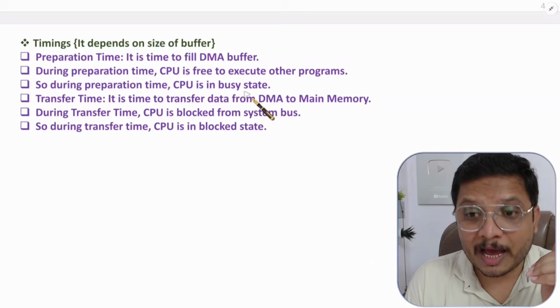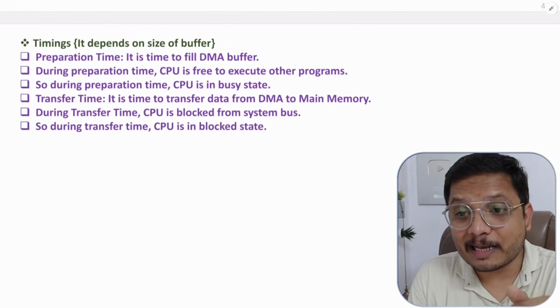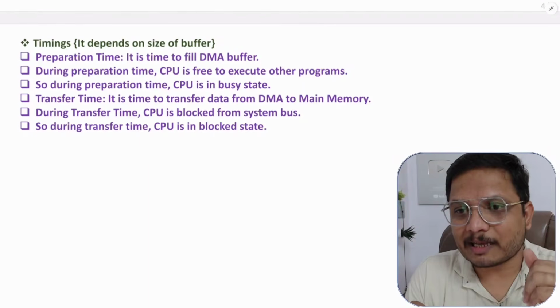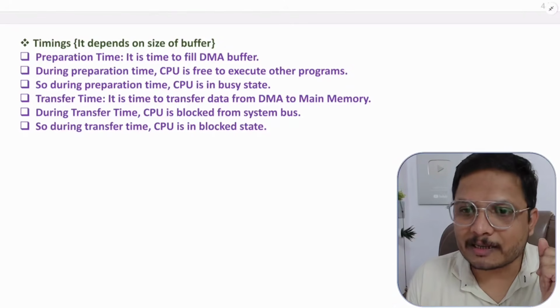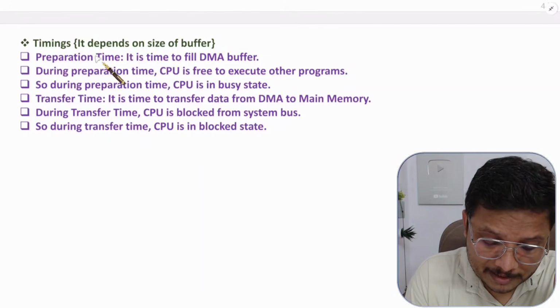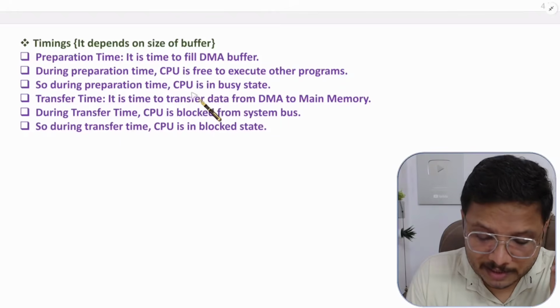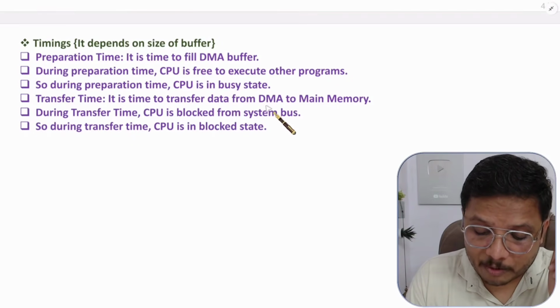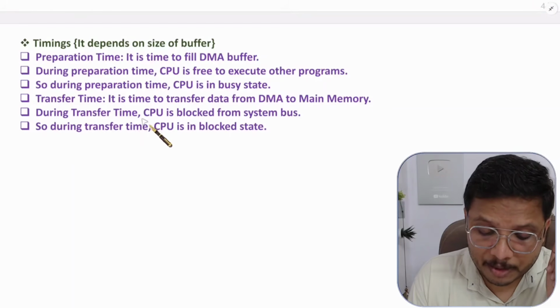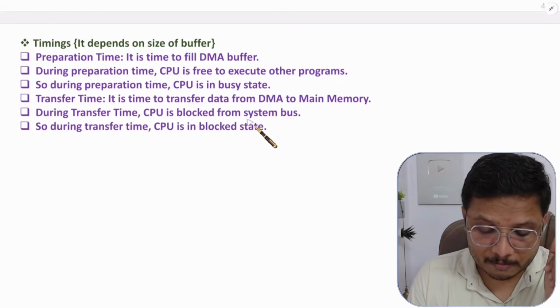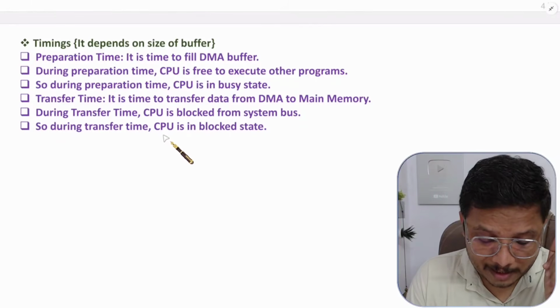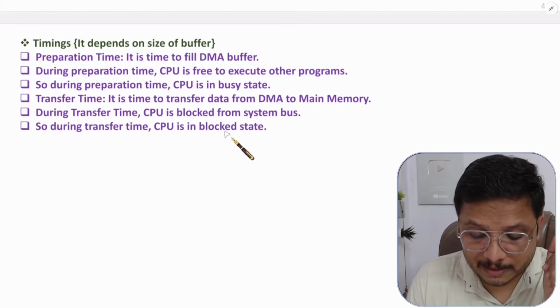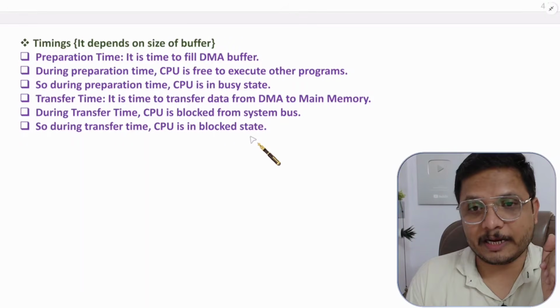At that time you should have an idea about what exactly the meaning is. Otherwise it will be a bit difficult for you to understand the question, right? So during preparation time, the CPU will be in busy state, and during transfer time we are transferring data from DMA to main memory. At that time the CPU will be blocked from the system bus, right? So you can say during transfer time the CPU is in blocked state, right?